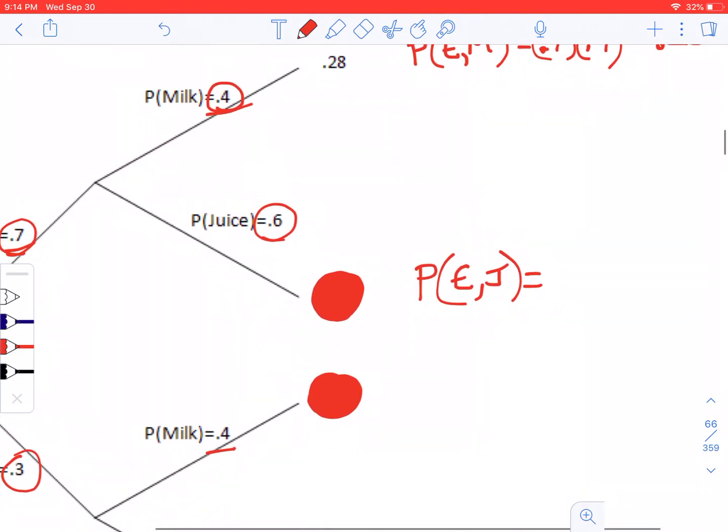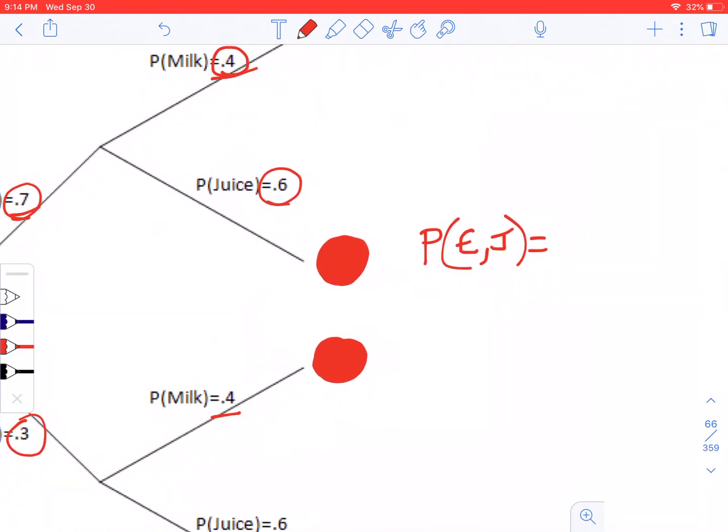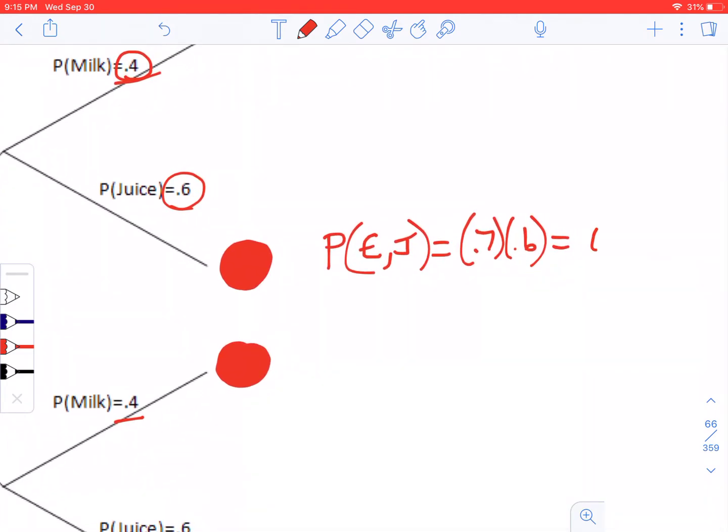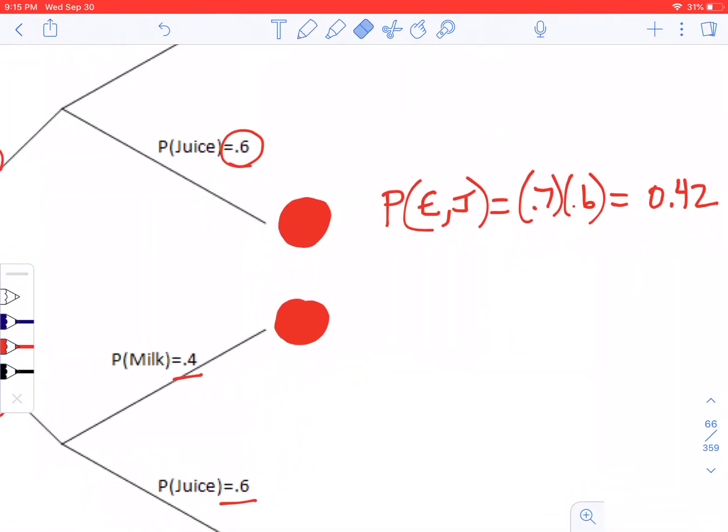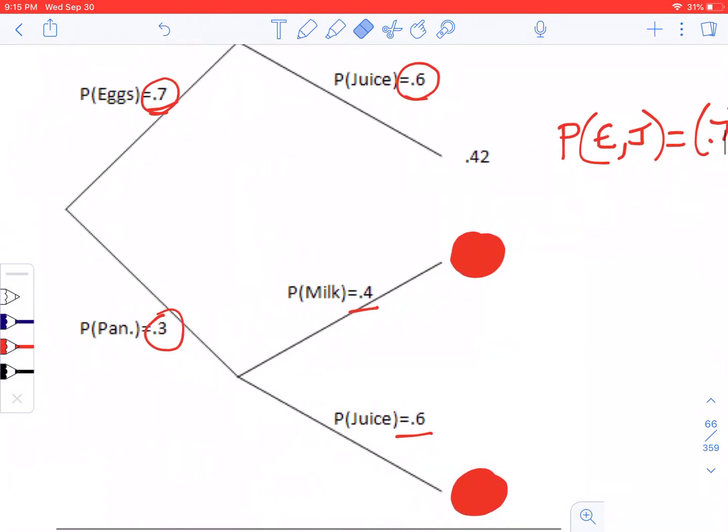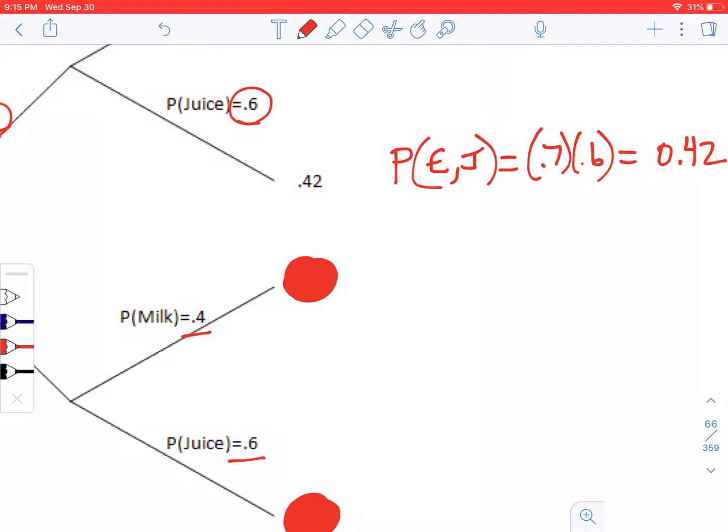We take the 70% and the 60% and multiply those. And that gives us 0.42. Double checking, yes. And then pancakes and milk.